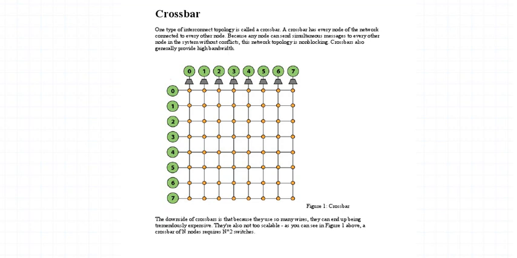So have a look into the statement. A crossbar has every node of the network connected to every other node. Now, because any node can send simultaneous messages to every other node in the system without conflicts, this network topology is basically non-blocking.